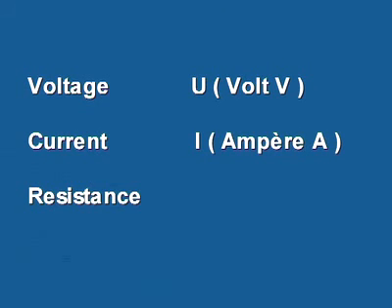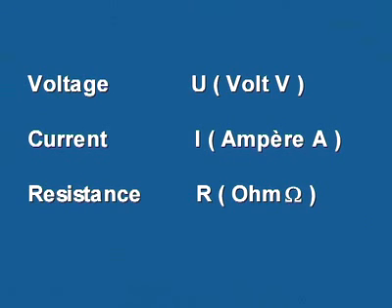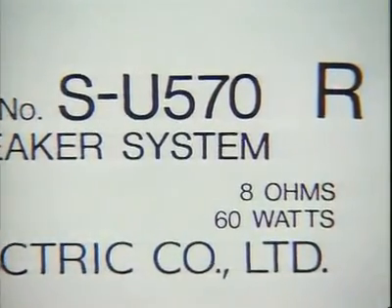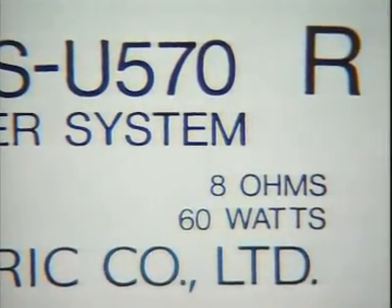The current has the symbol I and is measured in amperes. The rating plate also indicates how much current a motor consumes. And finally, the resistance has the symbol R and is measured in ohms. This value indicates the resistance with which a load opposes current flow.